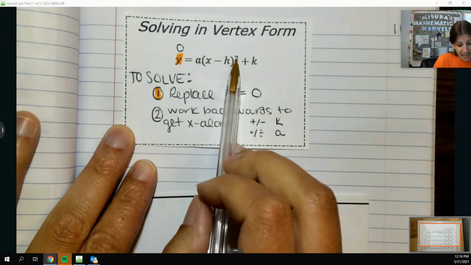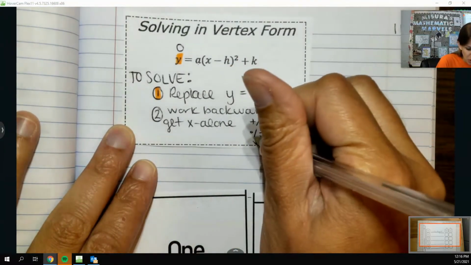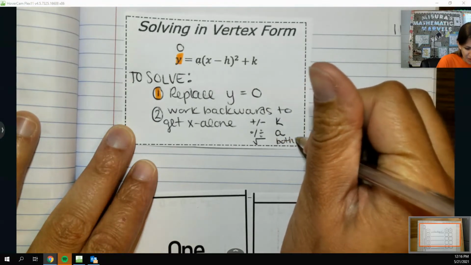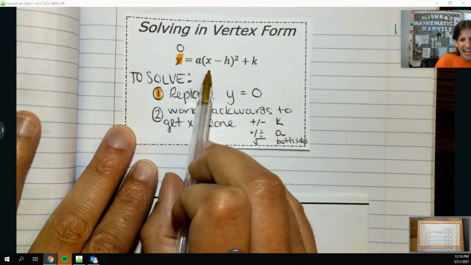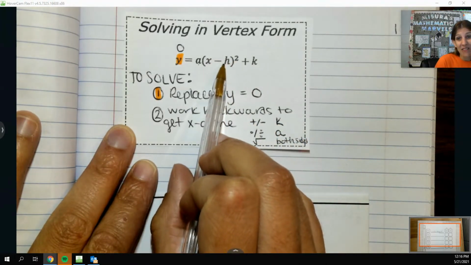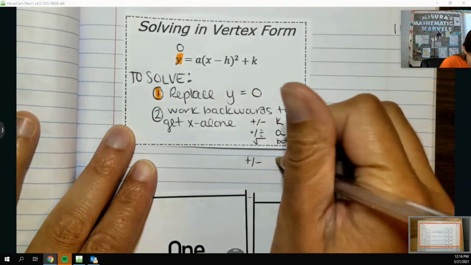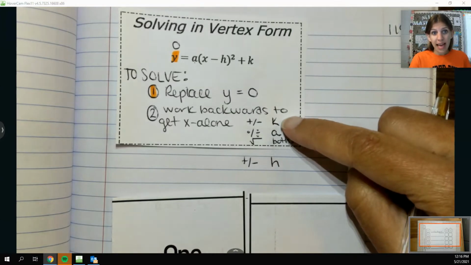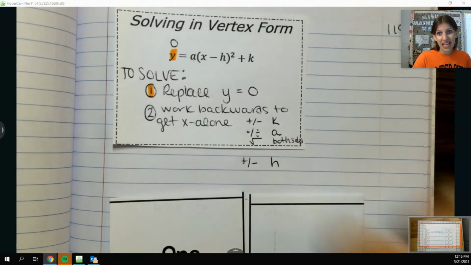And then to get rid of something being squared, we have to square root both sides. Oh man, my last step won't fit in here. And then the last one is whatever h is, we're going to have to add or subtract that. So this is the process we follow. We first get rid of k, then a, then square root, then h.